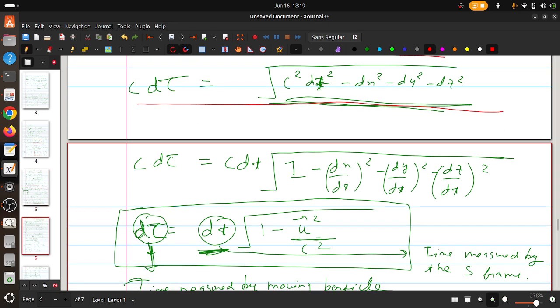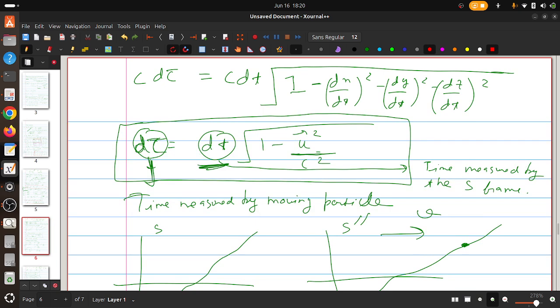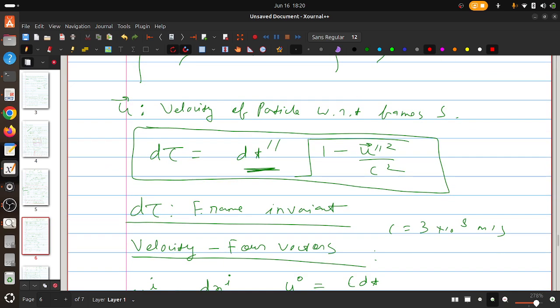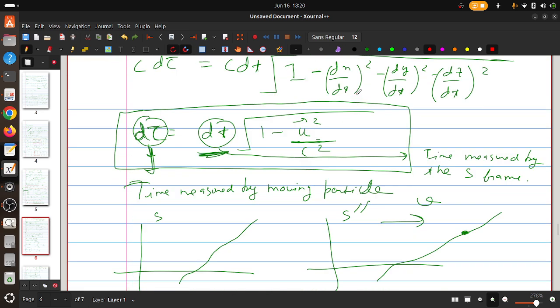In this step I have taken out the dt, and then it became dx by dt, dy by dt and dz by dt, which is just the velocity of the particle. I am representing it as u. Didn't I write that? Okay, I'll write it here: u is the velocity of the particle measured in a frame.